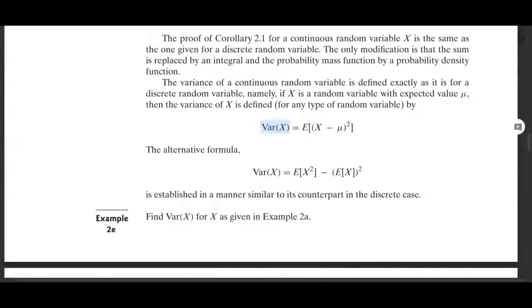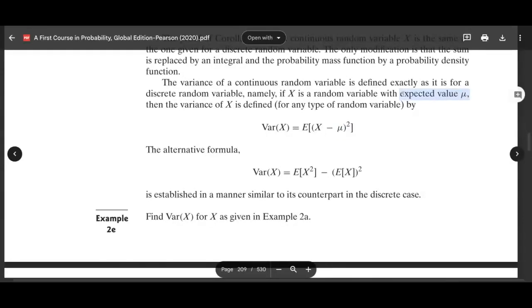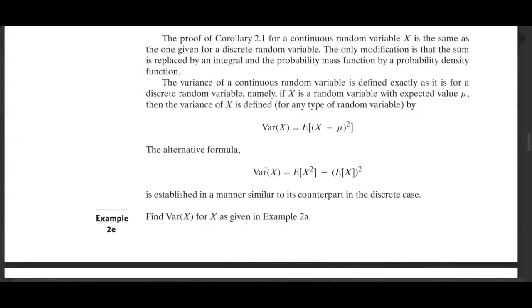And for variance it's a little bit different. Variance of X is defined as the expected value of X minus mu squared, where mu is the mean, the expected value of X. Or it can be written as before.